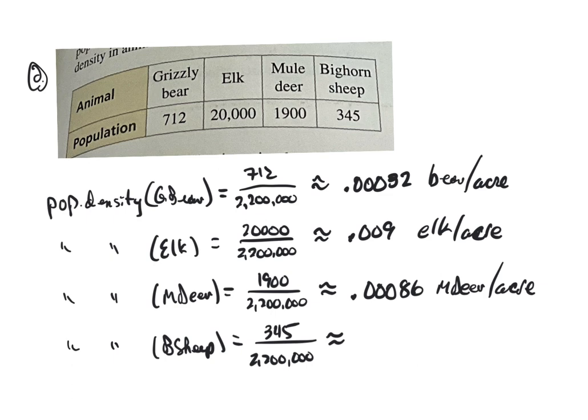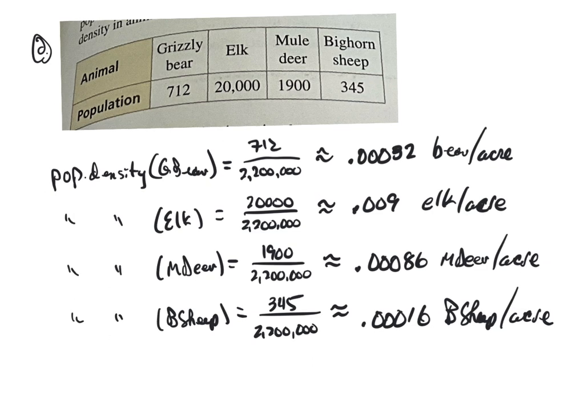And finally, bighorn sheep, 345 divided by 2.2 million acres. And that one would then be 0.00016 bighorn sheep per acre. Okay, like always, feel free to pause the video if I'm going too fast for anyone. Or of course, like I said before, jump around to hit the problems that you need to.